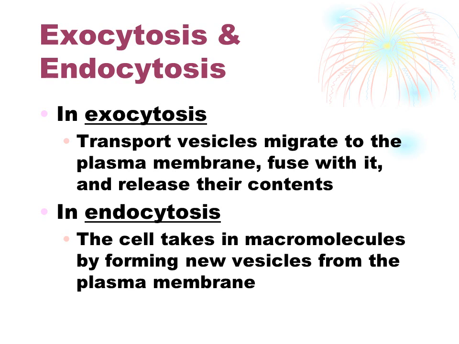It says in exocytosis, transport vesicles are going to migrate to our plasma membrane. They're going to fuse with it, and they're going to release their contents outside the cell. So in exocytosis, we're going to have some little vesicle cruise on up to our cell. It's going to latch on, and it's going to dump its contents. In endocytosis, really what happens here is the cell takes in macromolecules by forming new vesicles from the plasma membrane itself.